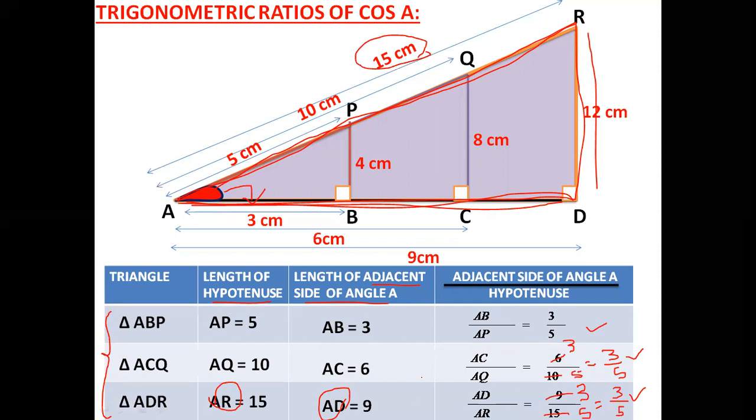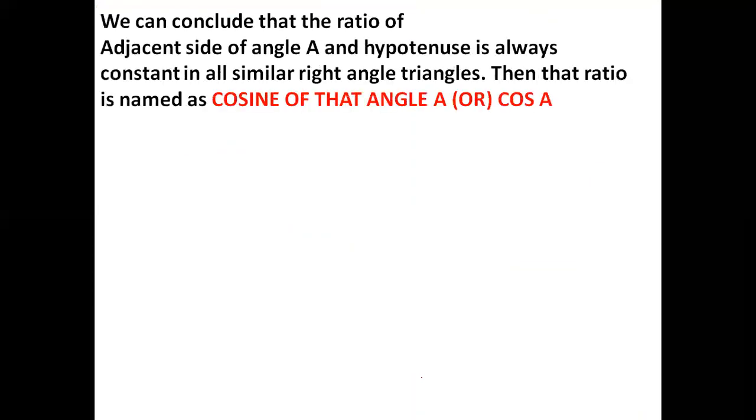So in the next slide, what we can conclude? We can conclude that the ratio of the adjacent side of angle A and hypotenuse is always constant in all similar right angle triangles.